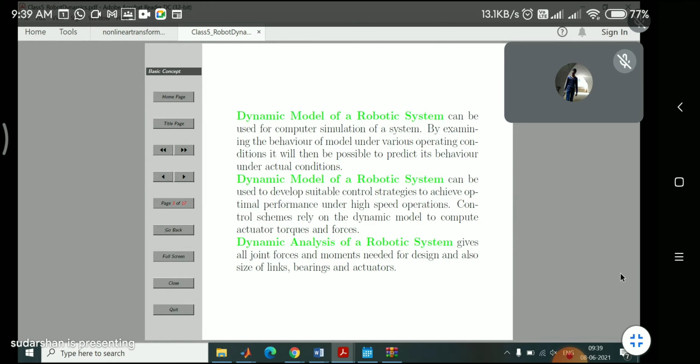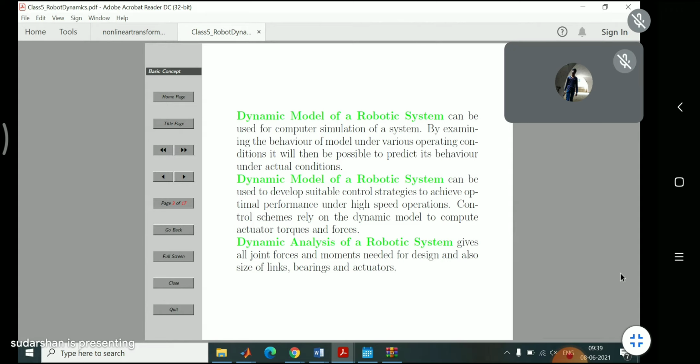You can modify the mechanical design: what should be the length of the link, what kind of bearing I should use, what kind of actuator, what motor is suitable, what should be the current rating of the motor, if I need this amount of force or torque. All this information you will get if you have a good mathematical model involving force and torque.